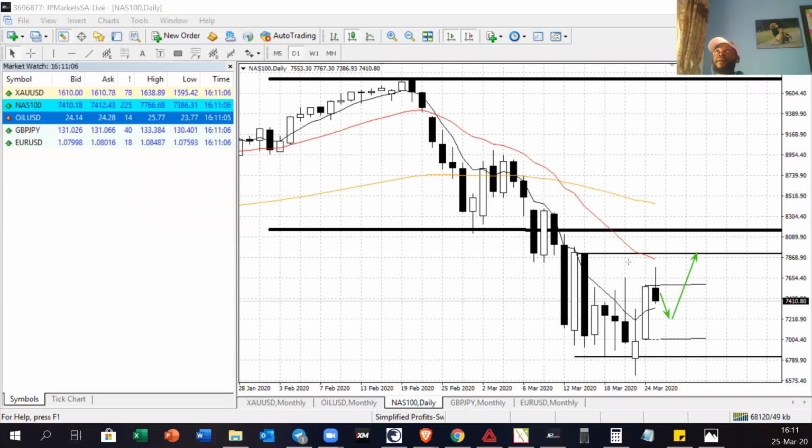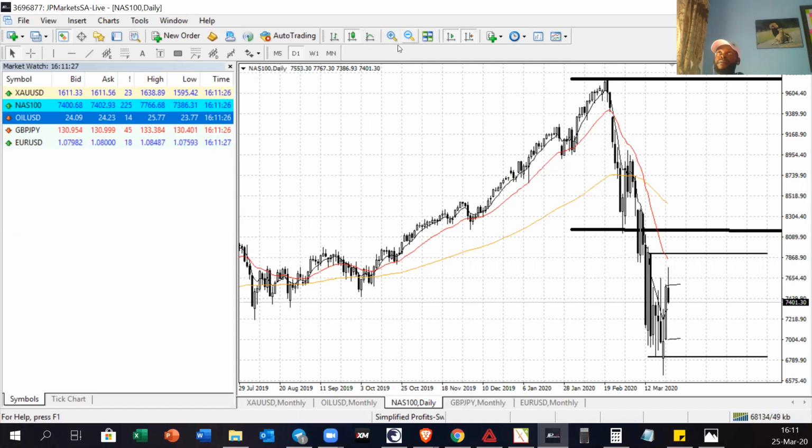Or they want to buy the break of this high. However, bears are looking to sell here, so bulls might want to be cautious on that one. However, here's how I would play this.